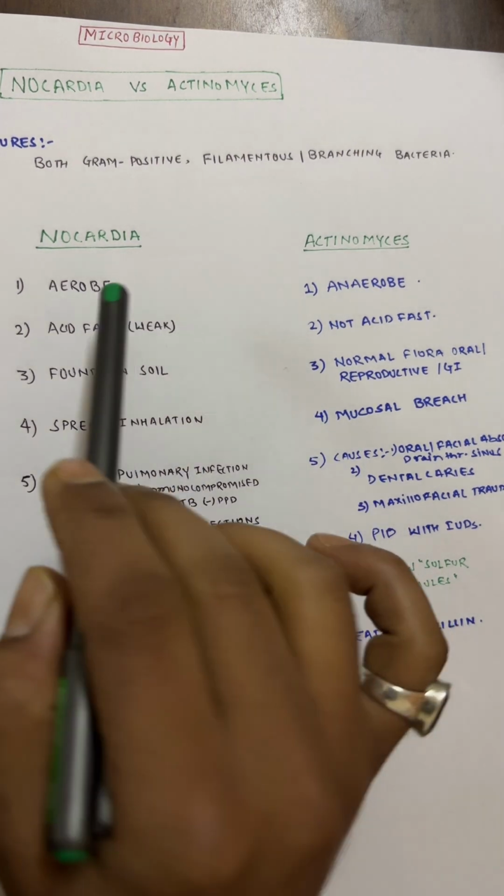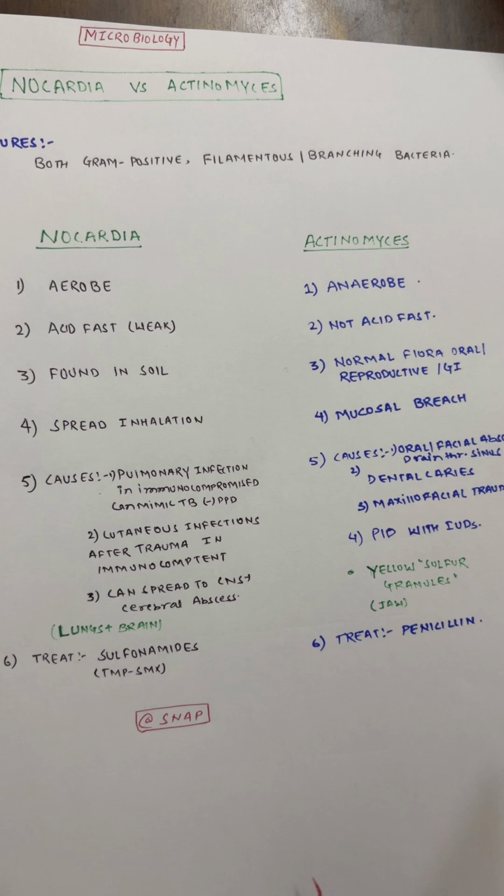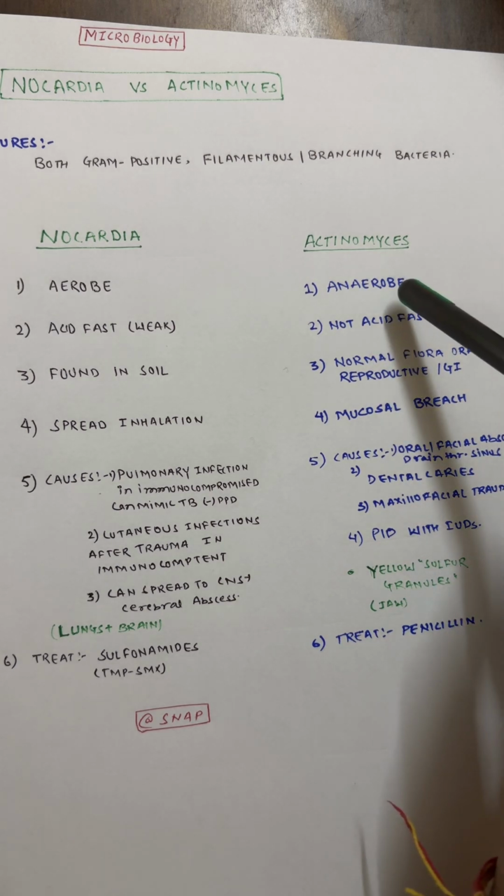Nocardia is aerobic, it grows in the presence of oxygen, and Actinomyces is anaerobic.